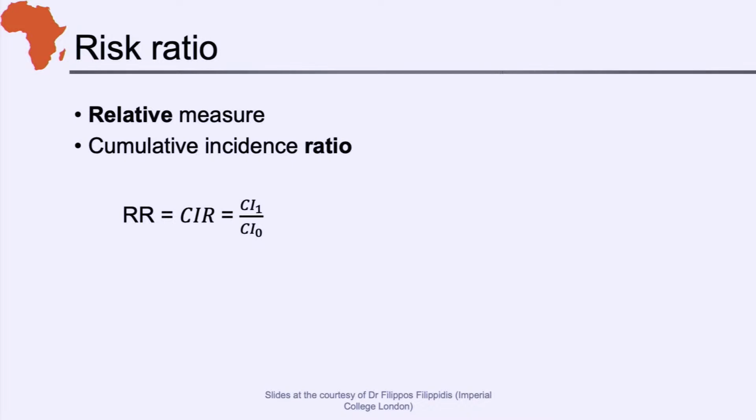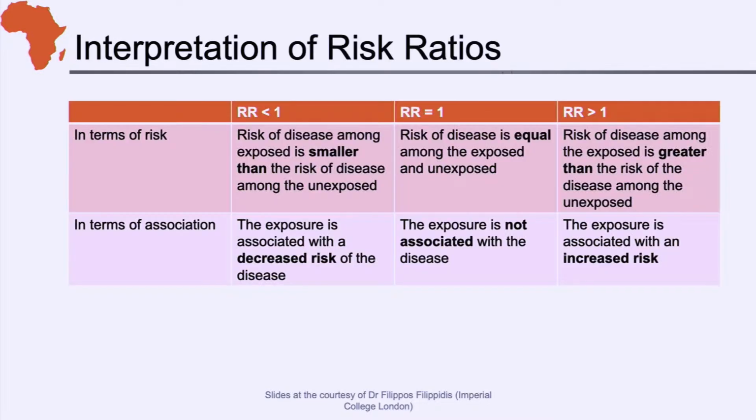The risk ratio is basically, as I said, taking the ratio of cumulative incidence among those that are exposed, so CI1, over those that are unexposed. Again, you can use this table as a cheat sheet on how you would interpret a risk ratio of below 1, equal to 1, or higher than 1.